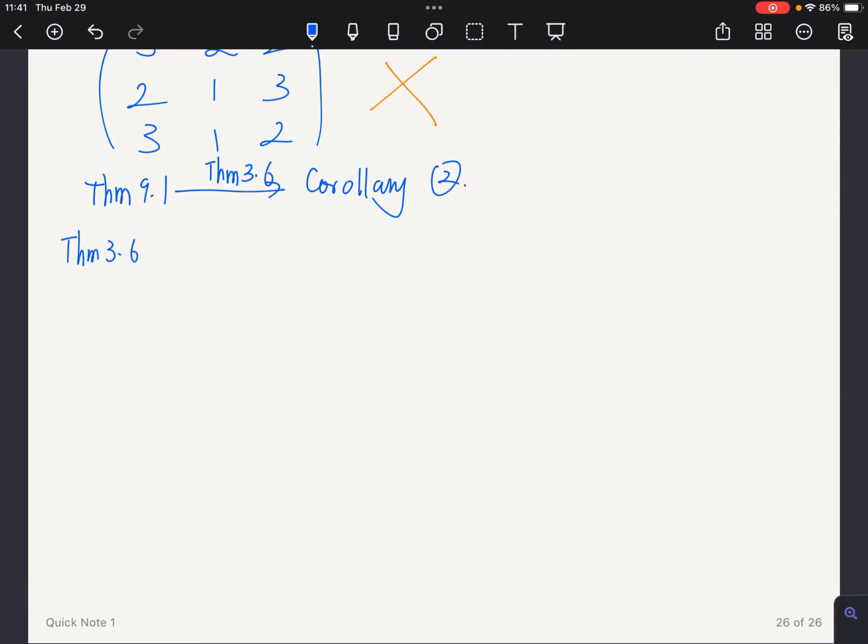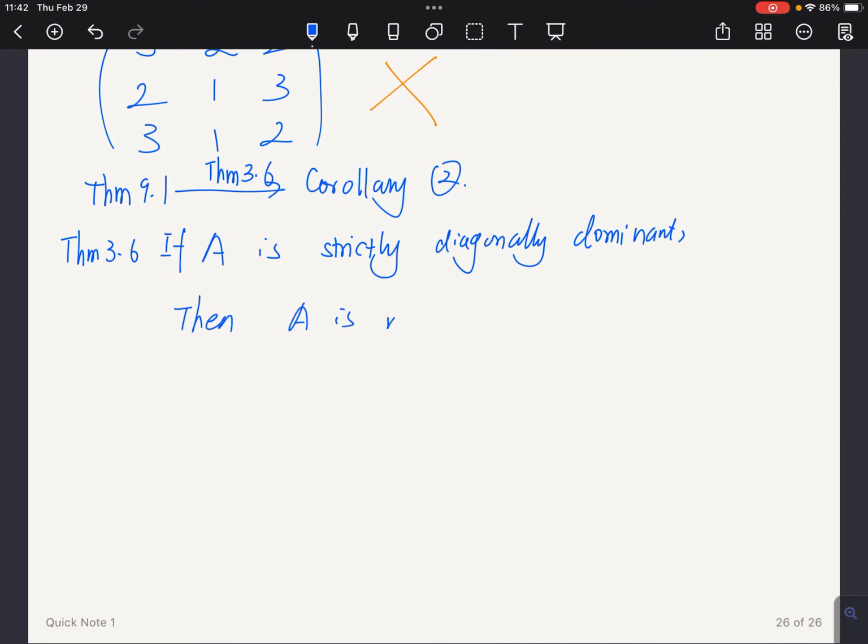It says if A is strictly diagonally dominant, then A is non-singular.